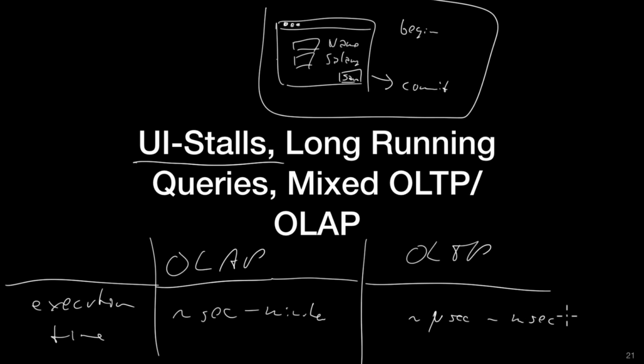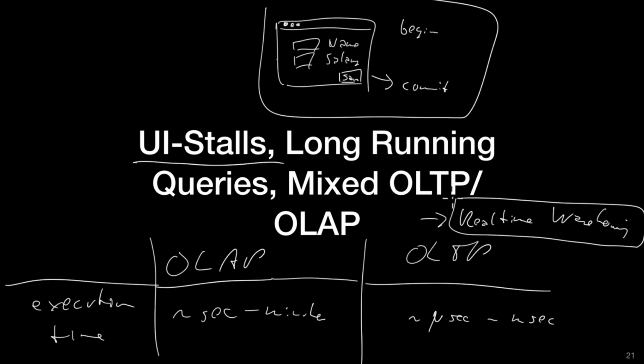And if you want to run those analytical queries that touch large portions of the database together with these OLTP transactions, then this is called mixed OLTP and OLAP, or real-time warehousing. Then you really want to make sure that you implement concurrency control.